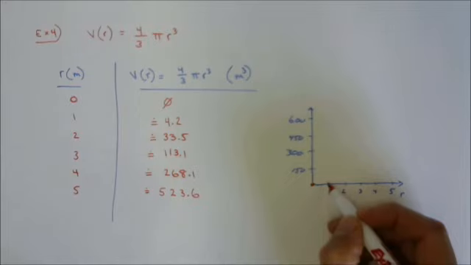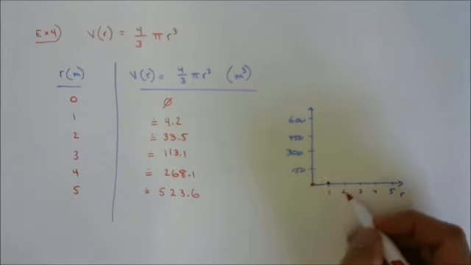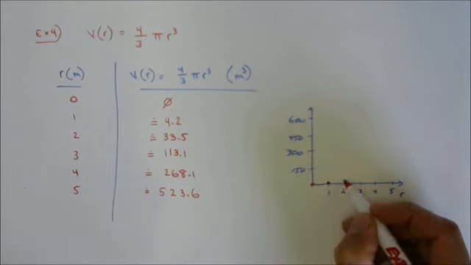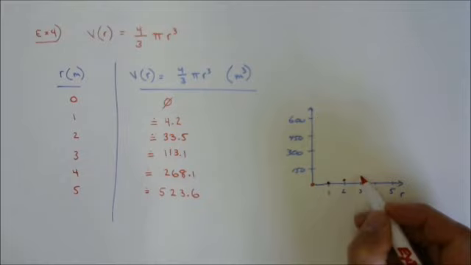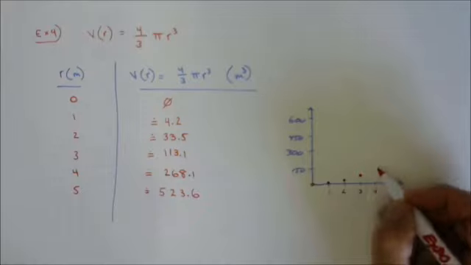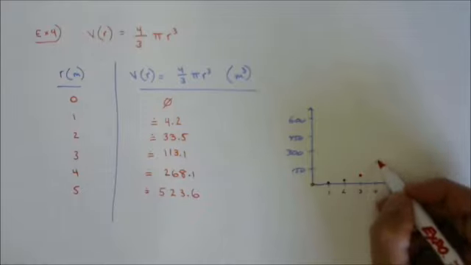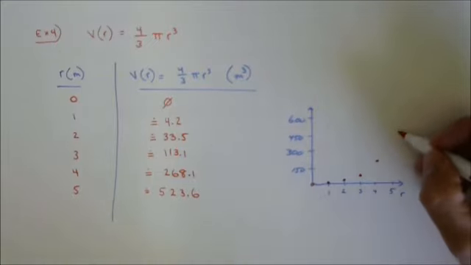You've got 1, 4, which is pretty negligible there. 2, 33. 3, 113. Well, it's doing something. 4, 268. And then 5, 523. Way up there, ish.